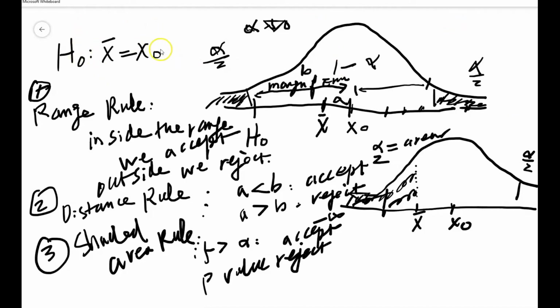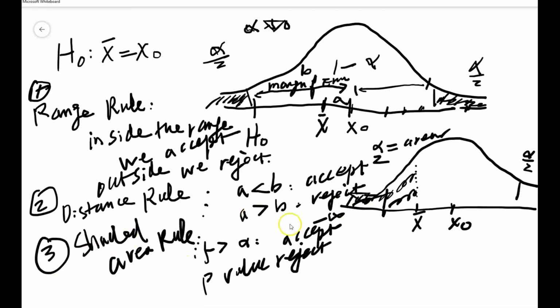The distance rule states that if the distance between our mean and our target value is less than the margin of error, we accept. It means it's inside the range, we accept. Otherwise, we reject.